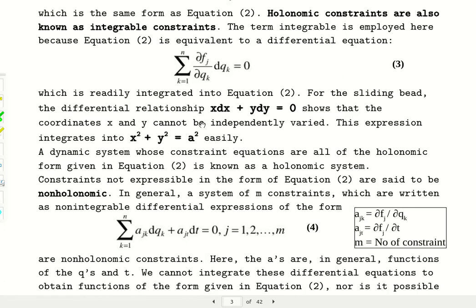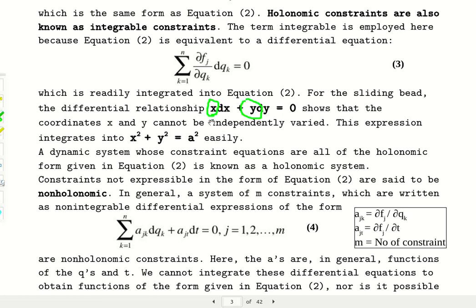But in some cases, suppose x dx is there, it is very easy to integrate. Or if you put y in place of x, it is also easy.